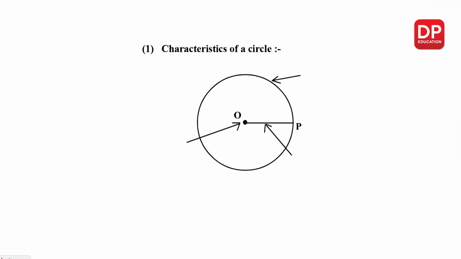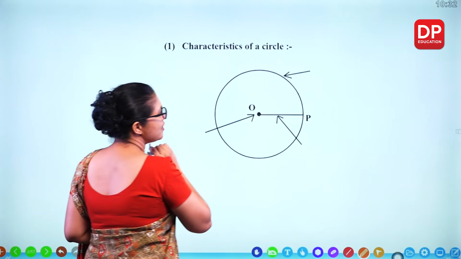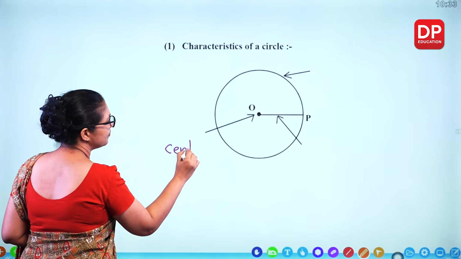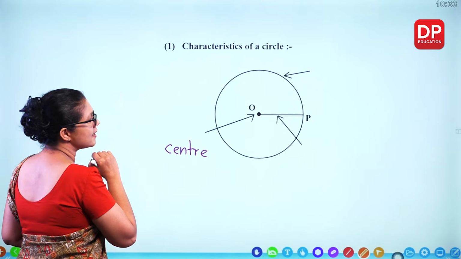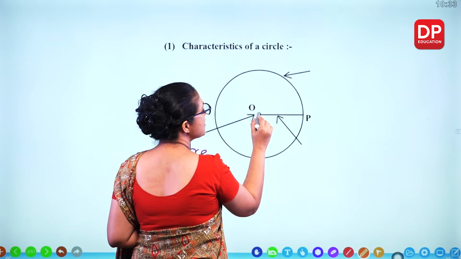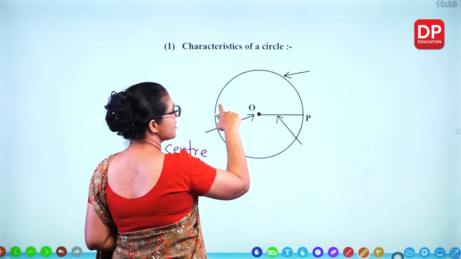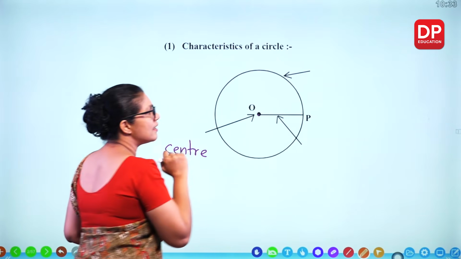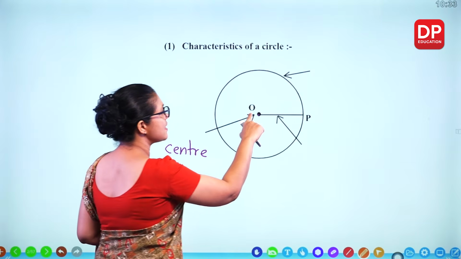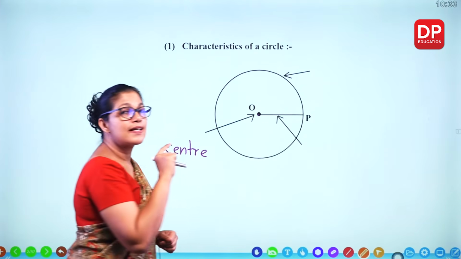What are the characteristics of a circle? You already know. The midpoint of a circle we call the center. The distance from the center to the circumference, or the outer length, what do we call it?